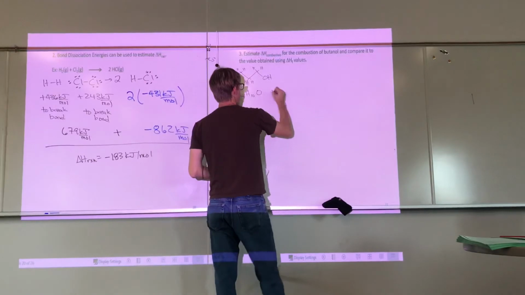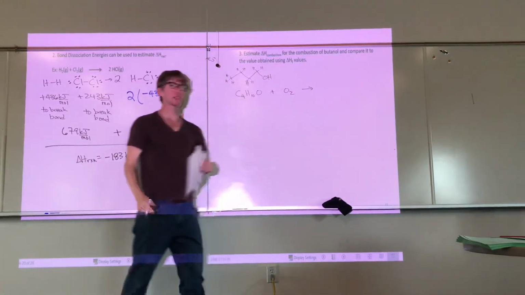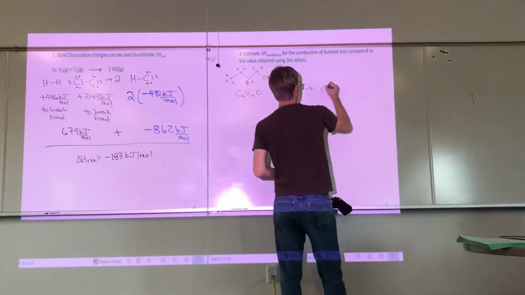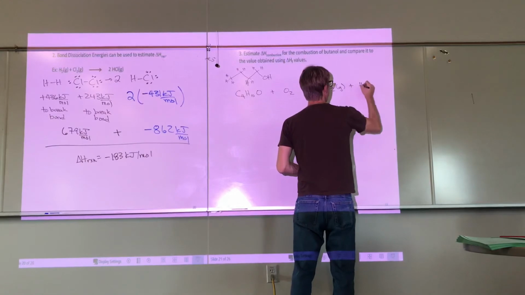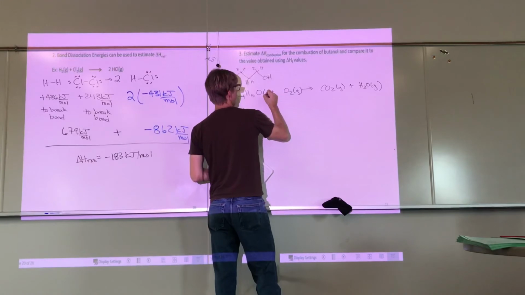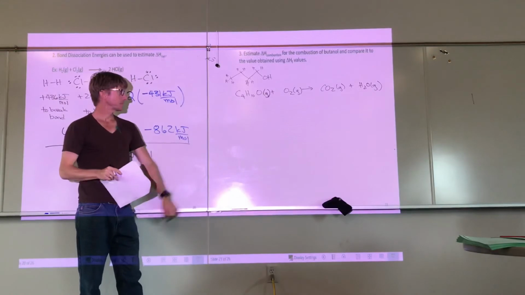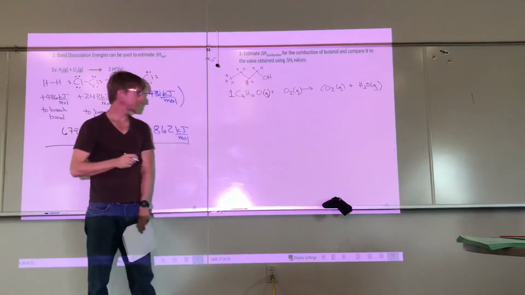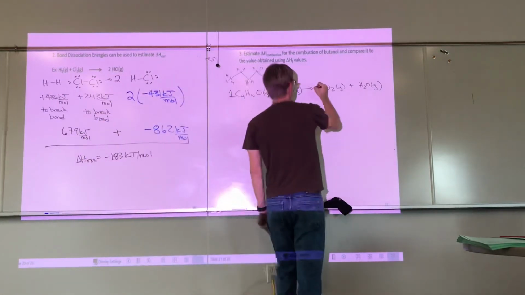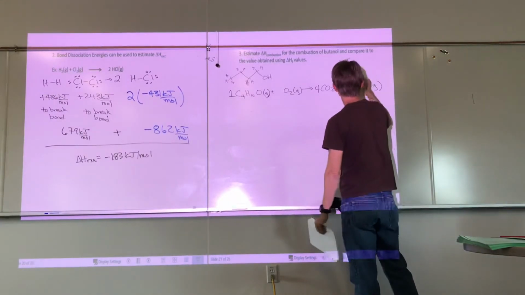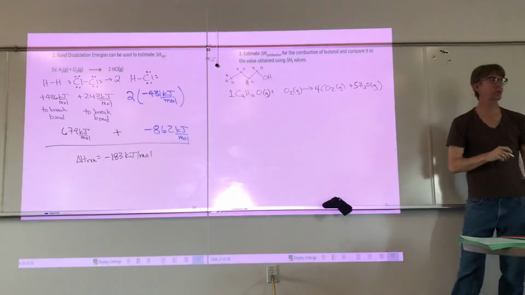Combustion reaction says, put it with oxygen, have the products be carbon dioxide and H2O gas. Balance it. We've balanced things like this before. Put a 1 in front of the butanol, 4 for the carbon dioxide, and 5 for the H2O.